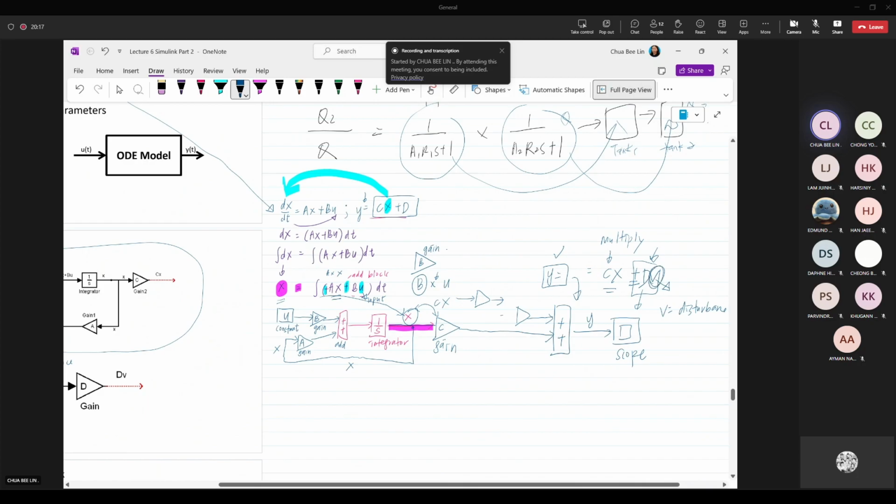So disturbance is like one of the inputs. Input should actually come here. And they say this V also is a constant. So you will just name this V constant here, name the block. And this one is multiplication with the D, so it's a D. Okay, so these two plus together become this. So you will sketch this during your test and also during your final exam, because we do not have the Simulink software given to you during your test and final.